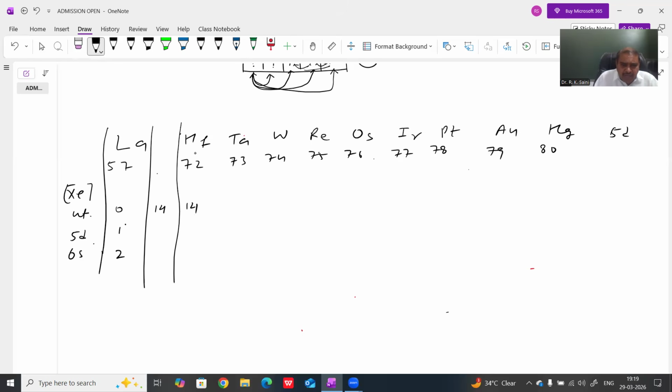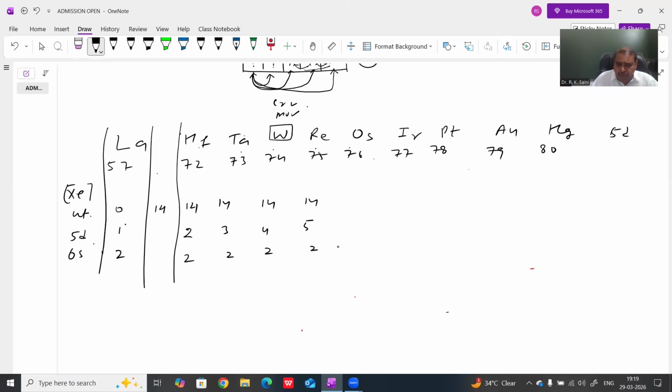Hence, in the case of hafnium, 5d2 6s2. In tantalum, 5d3 6s2, 4f14. In tungsten, no exception. However, this element is present in the chromium family. Chromium and molybdenum have exceptional electronic configurations, but no exception in tungsten. Notice this very important point. No exception: 5d4 6s2, 4f14. Rhenium, no exception: 5d5 6s2, 4f14.